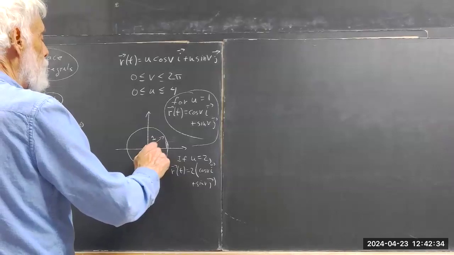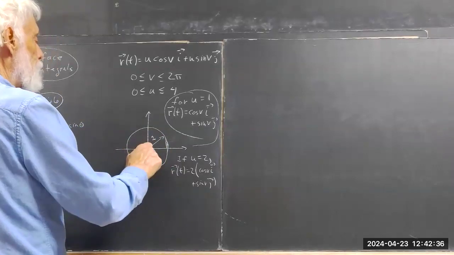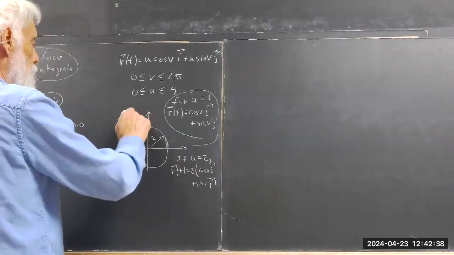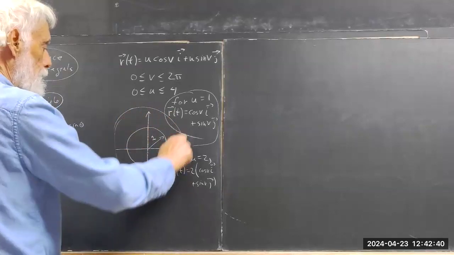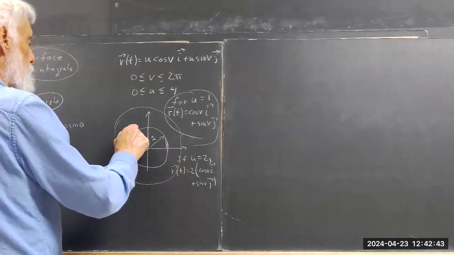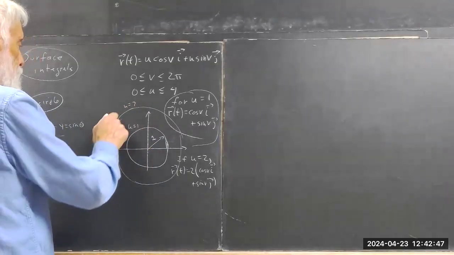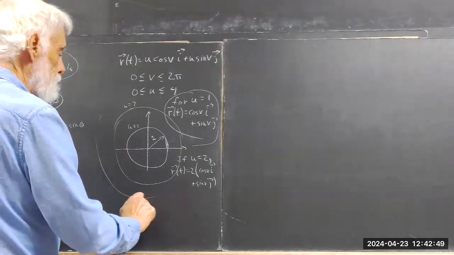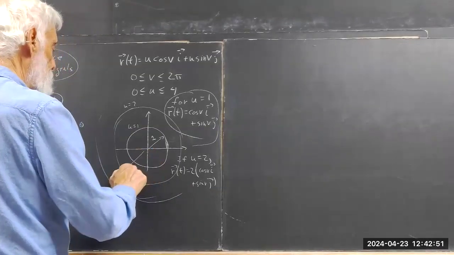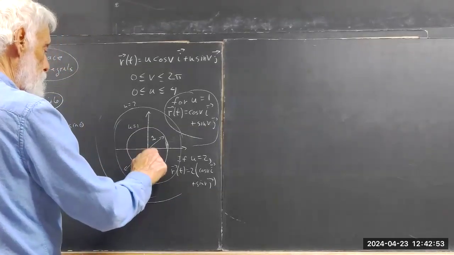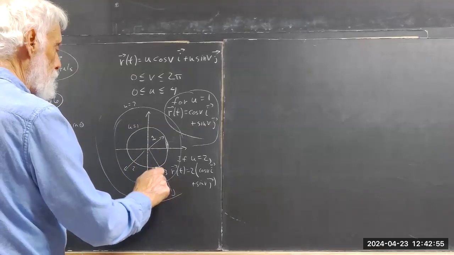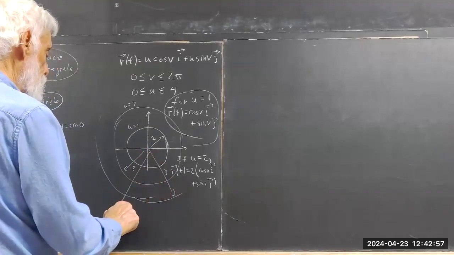So every vector from here to here is going to get doubled, and that's going to give you a circle of radius 2. And then you're going to have a circle of radius 3, and a circle of radius 4.